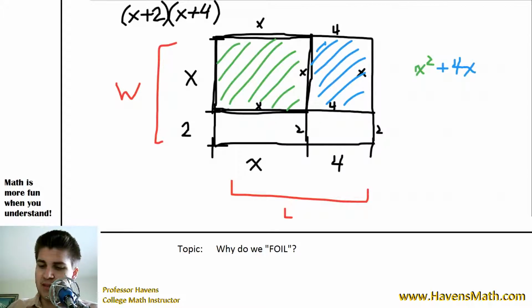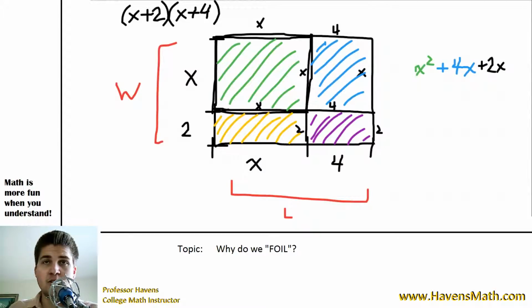If we move on to this third little rectangle down there, that has dimensions 2 by x. So the area of that would be 2 times x, or 2x. And then finally, the last segment I'll do in purple would be down here. If we look at this rectangle, that is 2 by 4. 2 times 4 is 8. So our last little portion would be 8.